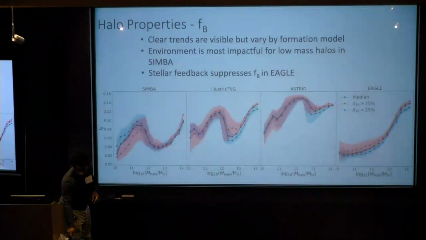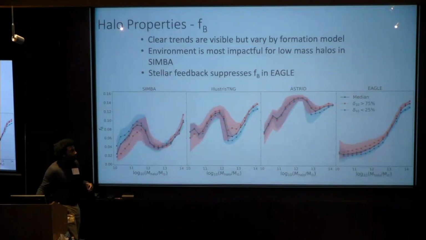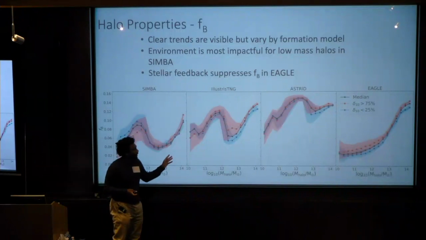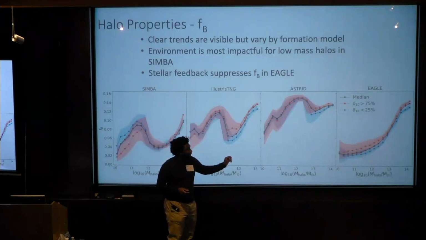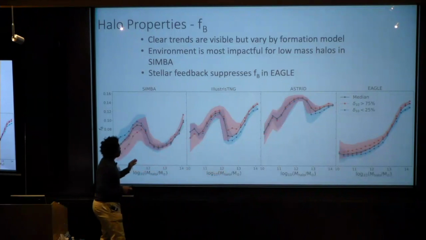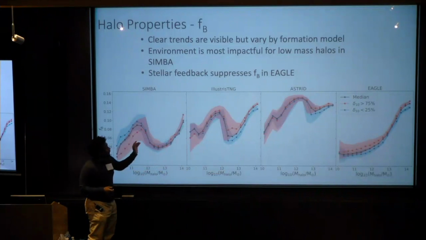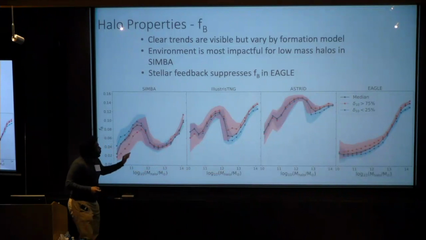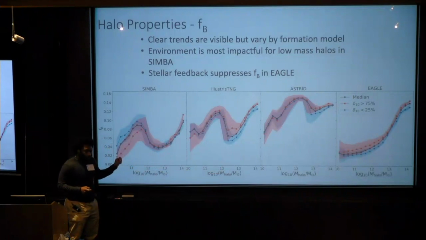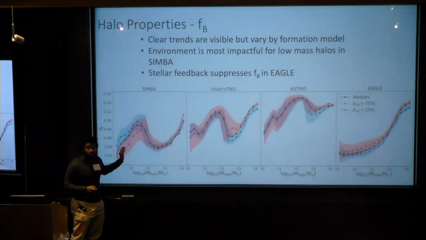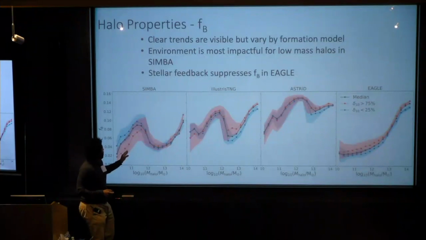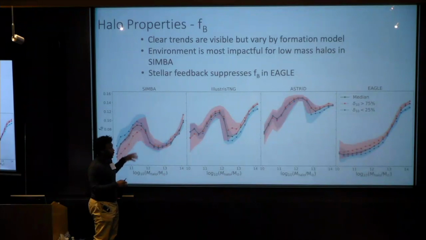Yes. So yeah, I didn't touch on this. Very thankful for the time that I was given, but not quite enough to go over every detail of every plot. So once again, this is down to stellar feedback being so powerful in Eagle. The reason that you see this increase in Simba, TNG, and Astrid is because as the halos get more massive, the potential well is effectively overpowering the stellar feedback, allowing more baryons to coalesce.